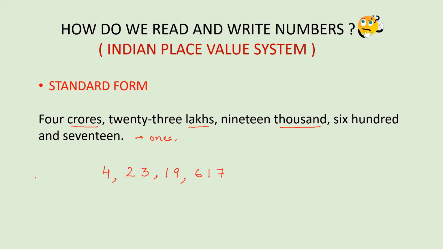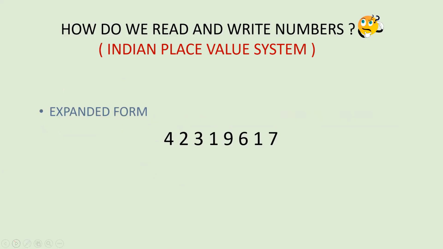Now, in the next, we will learn how to write down the numbers in expanded form. First of all, we have to put the commas. We have to write down the standard form and then we will convert the standard form to the expanded form. So first we leave three numbers of the ones period, put a comma, leave two numbers of the thousand period, put a comma, leave two numbers of the lakhs period, put a comma, and then we have crores.